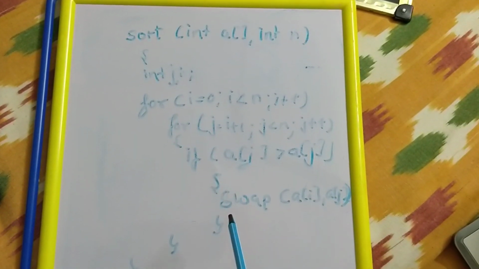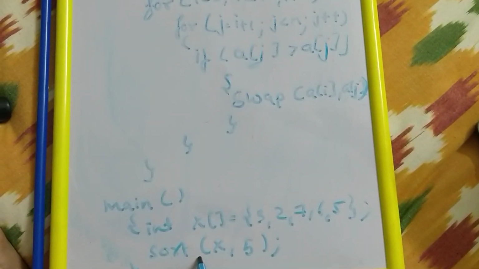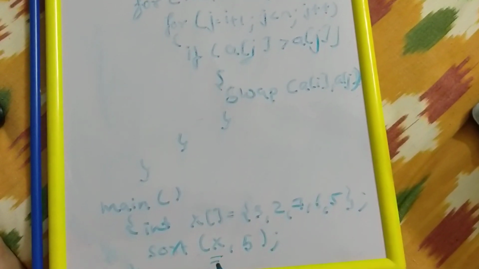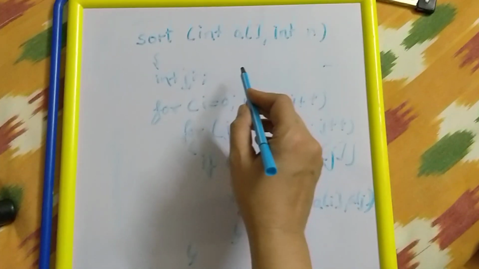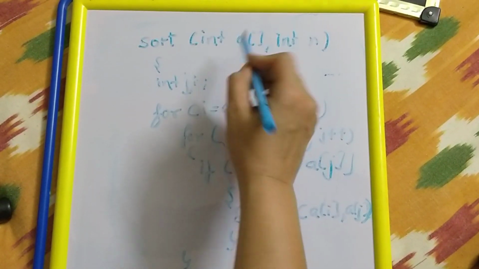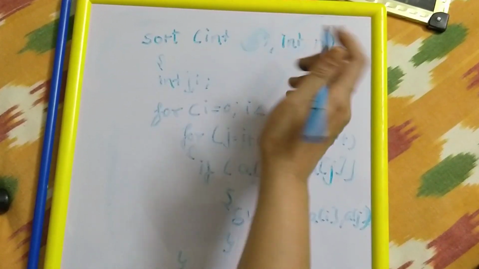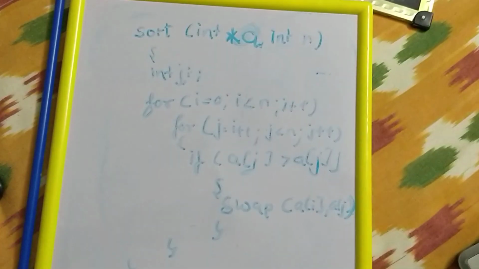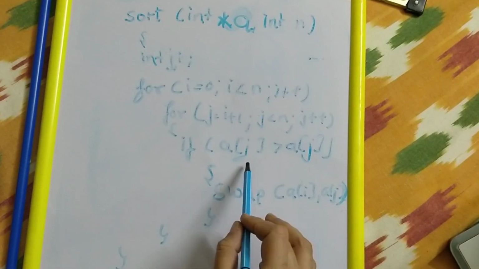If I want to go for call by reference, the only change I have to make is this: there will be no change in the calling function, because x itself indicates the address of the 0th element. What changes is that instead of a and square brackets, I'll have to write pointer a.